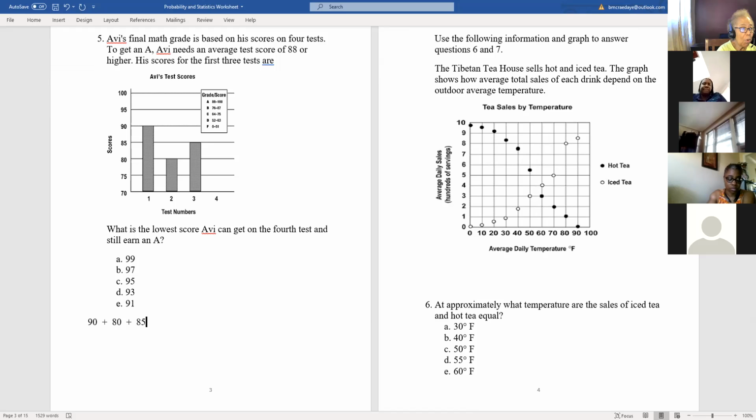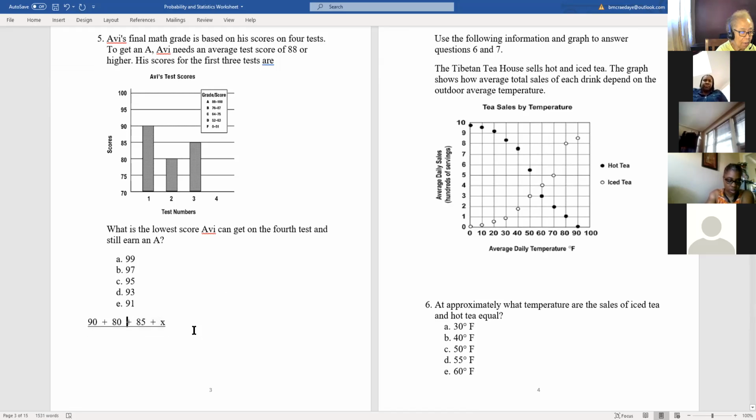So we want to get an average of 80. So we're adding plus, we'll say X. We need to find what's the lowest score that could be such that when you divide this total by what? 4. This is divided by 4.